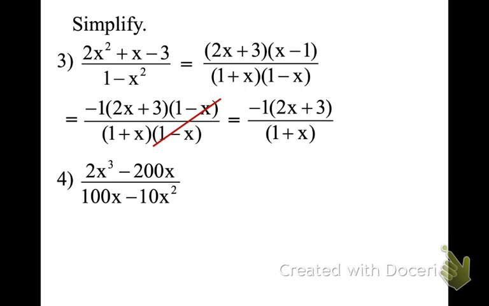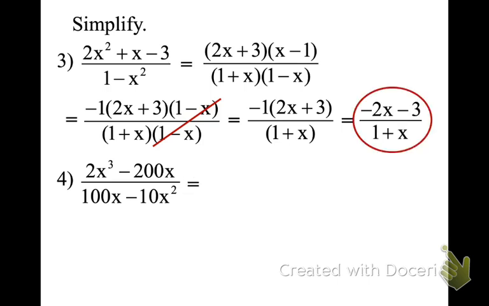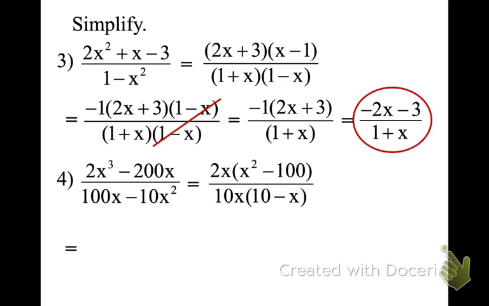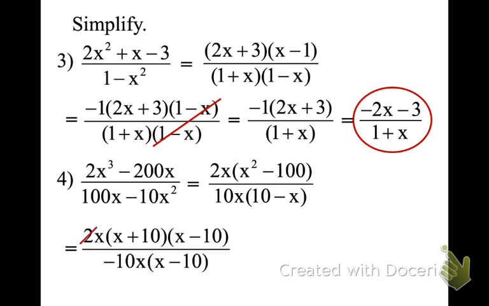The next one, what's the GCF? 2x times the quantity of x minus 10. Good. And that factors out to x plus 10, x minus 10. Now, if that's the case, let's look at this.